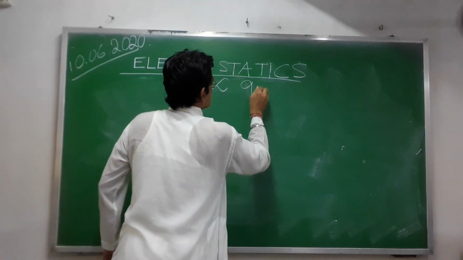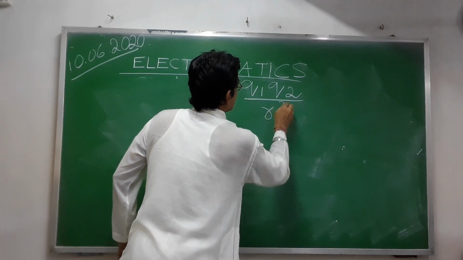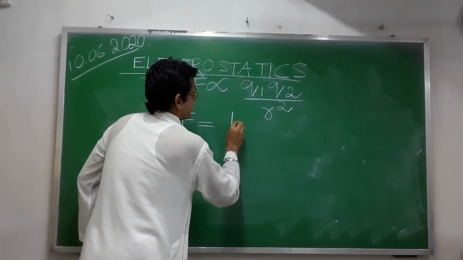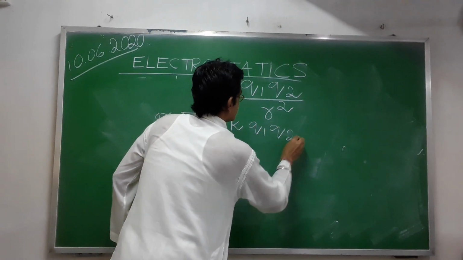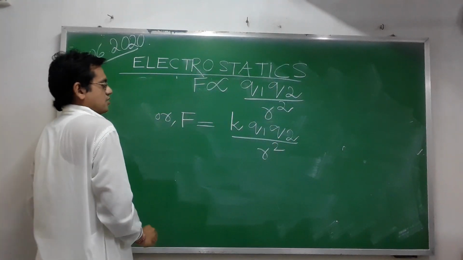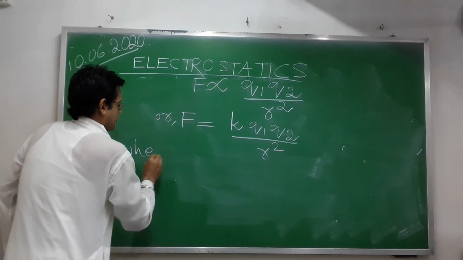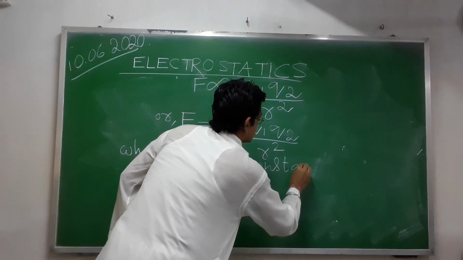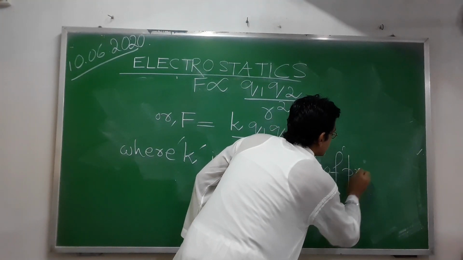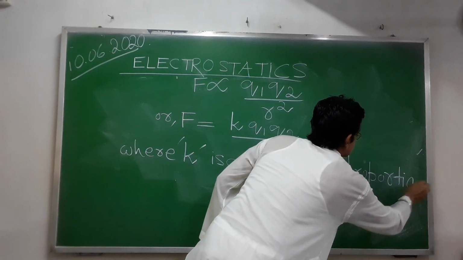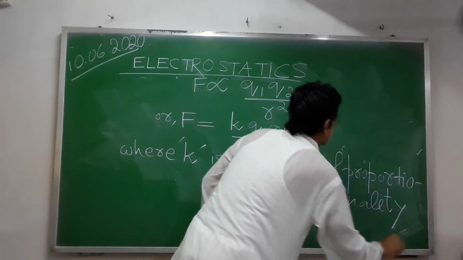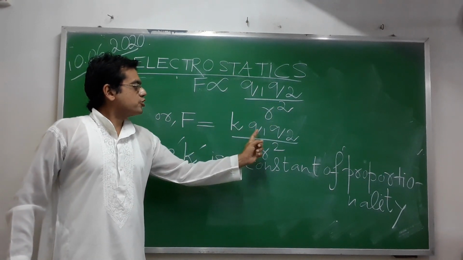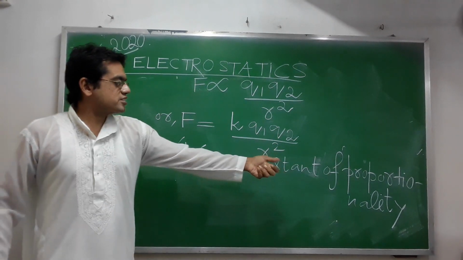So, F proportional to Q1 Q2 by R square, or F equals K Q1 Q2 by R square, where K is a constant of proportionality.